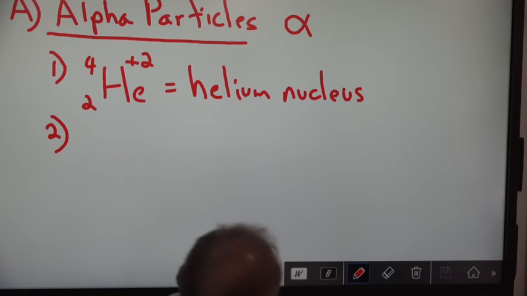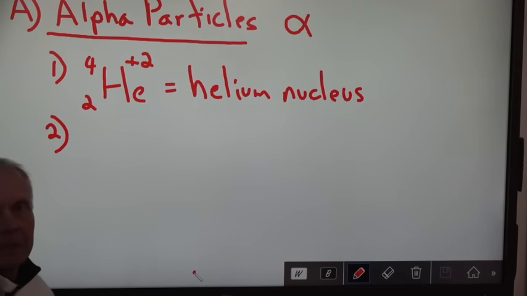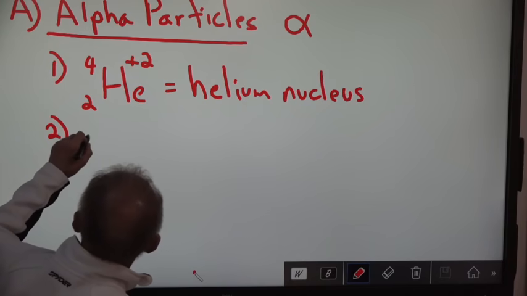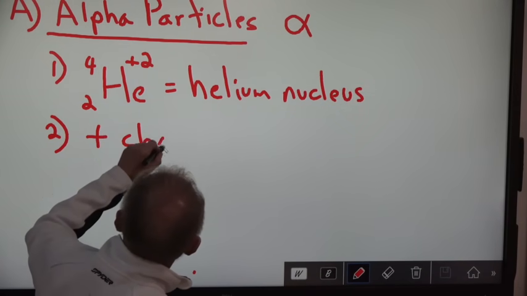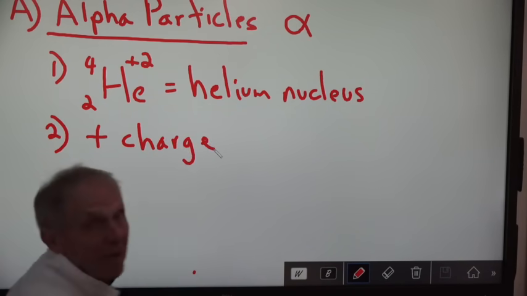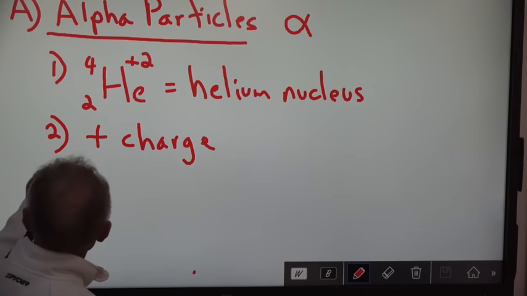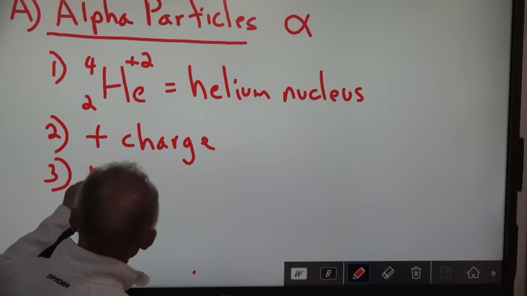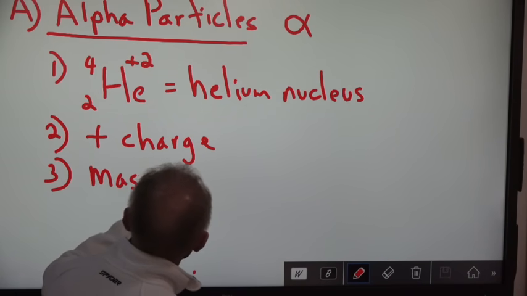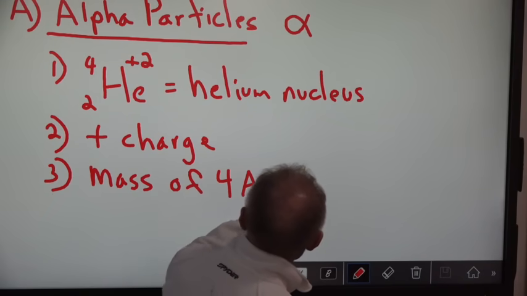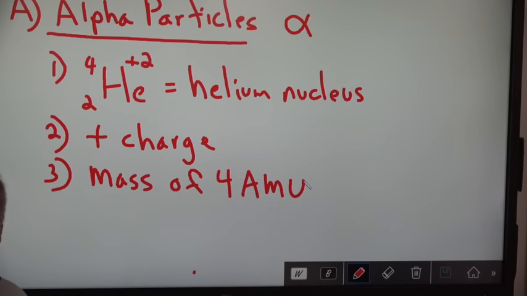Now, so what's the big deal about an alpha particle? Well, first of all, it's got a positive charge. Alpha particles got a positive charge. They've got a mass of 4 AMUs.